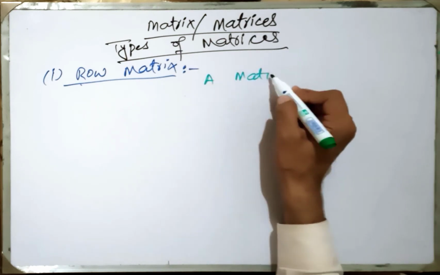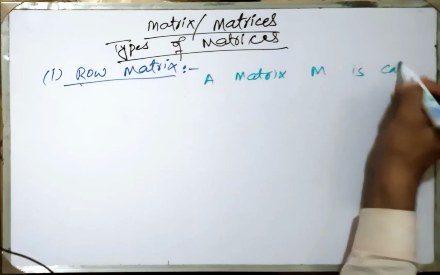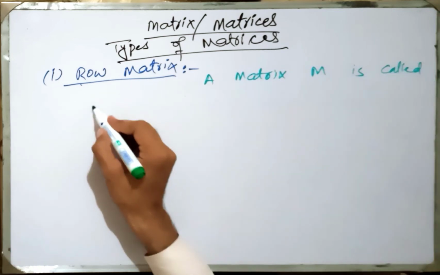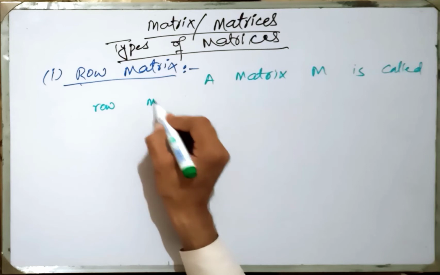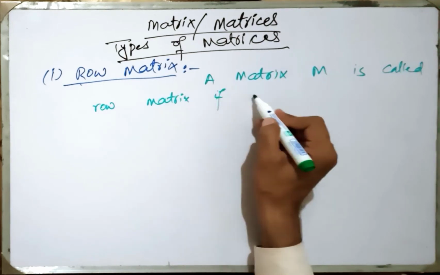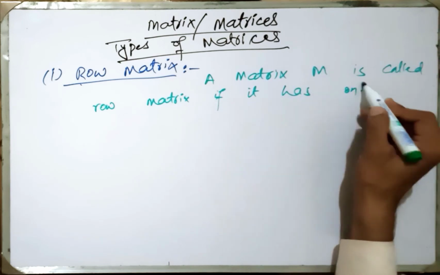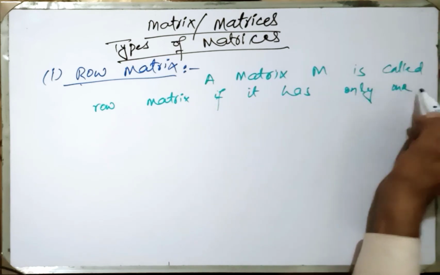A matrix is called row matrix if it has only one row.